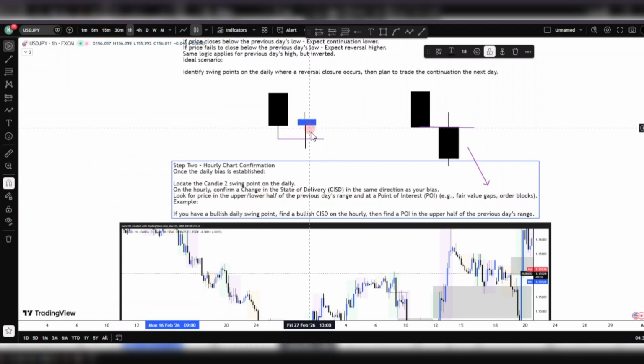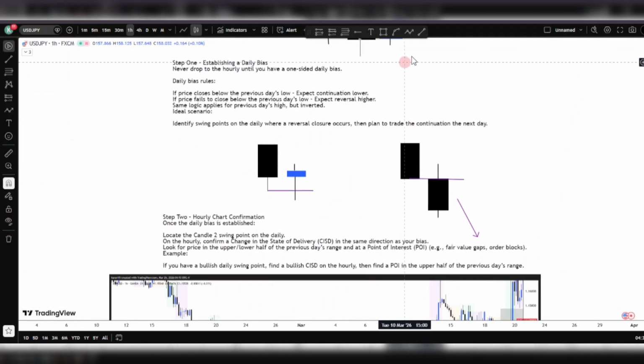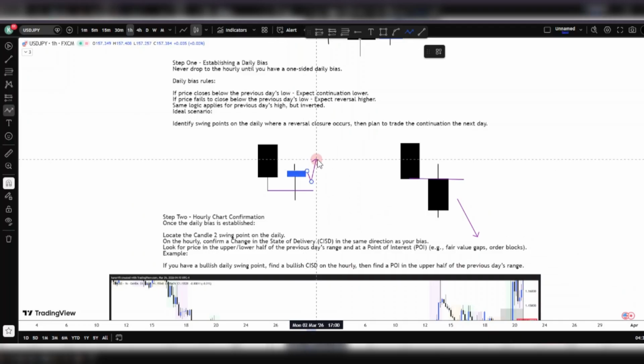So if you're expecting price to continue higher, because it's a bullish candle in this case, we expect price to open low and then high and then close, because this is how a bullish candlestick is formed.